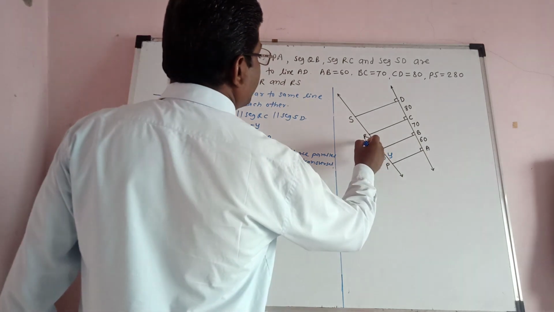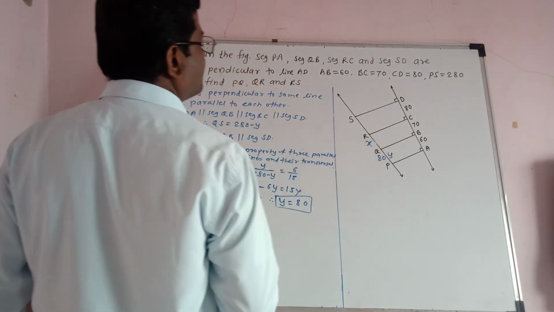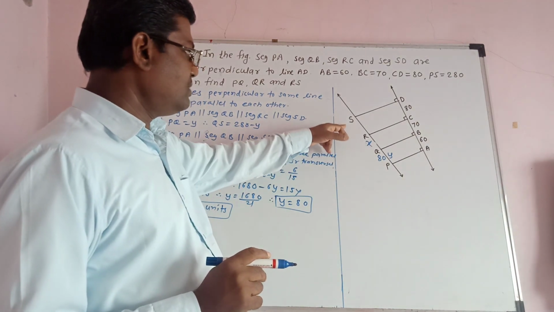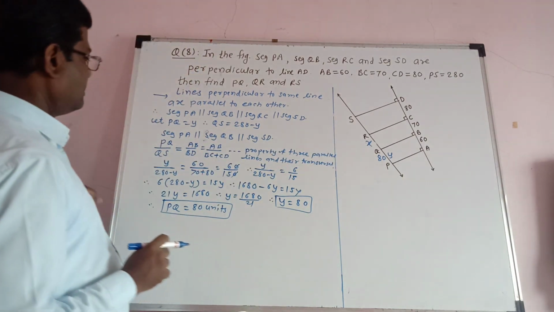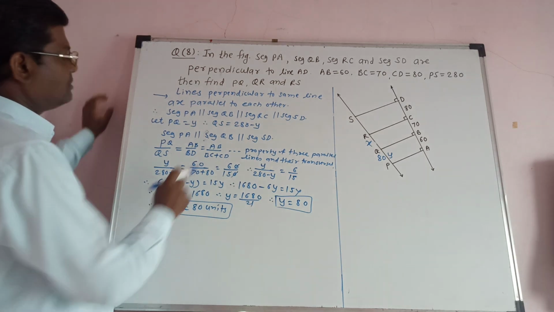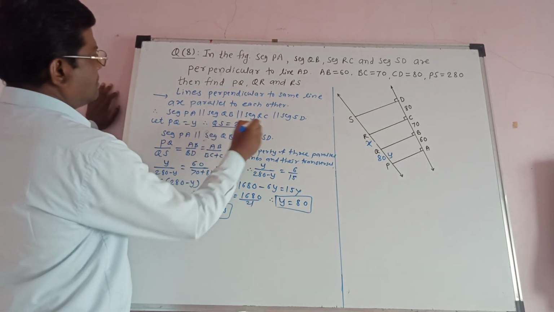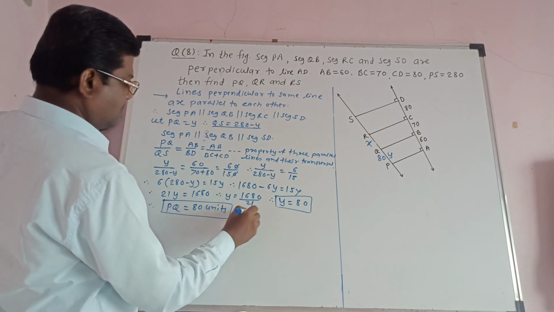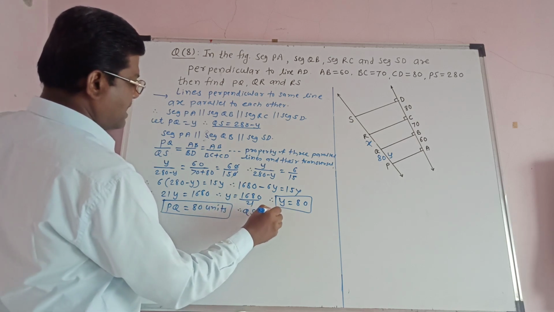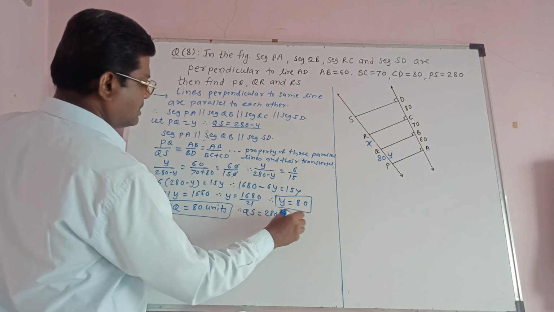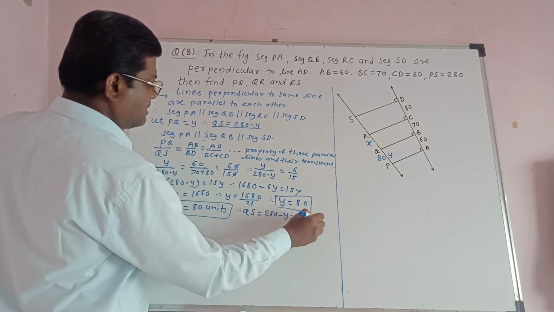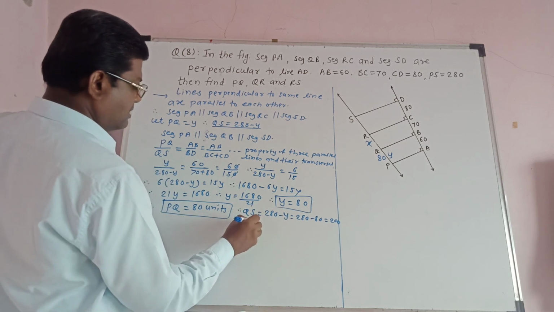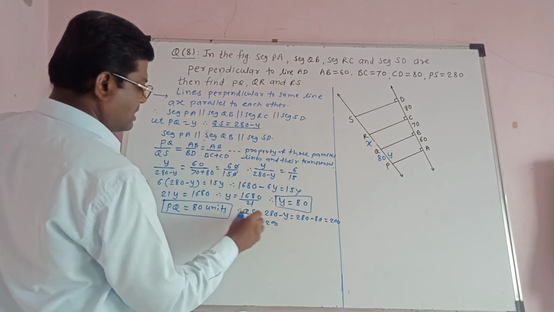Now let QR be equal to x. Now we can find QS. So QS is equal to 280 minus y, which is 280 minus 80, equal to 200. Therefore we get QS is equal to 200.